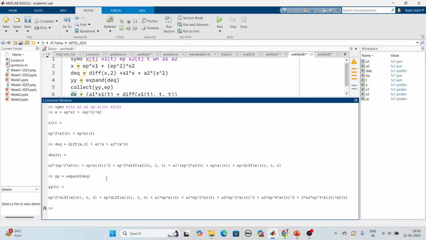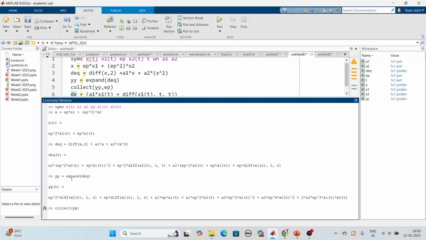Right, now what do I want? I can get the expressions when I equate the coefficients of EP, then the expression which is multiplied by EP square, and then the expressions which are multiplied by EP cube, something like that. So what will I do? I'll write collect yy, which is my expanded expression.